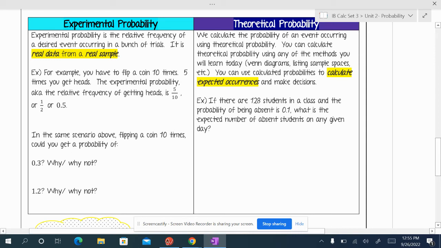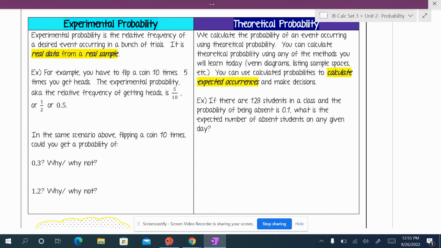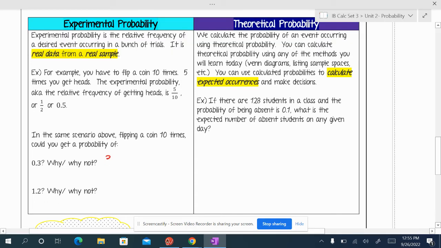In the same scenario above, flipping a coin 10 times, could you get a probability of 0.3? So could you get 3 heads in 10 flips? You sure could. Your experimental probability could certainly be 0.3.